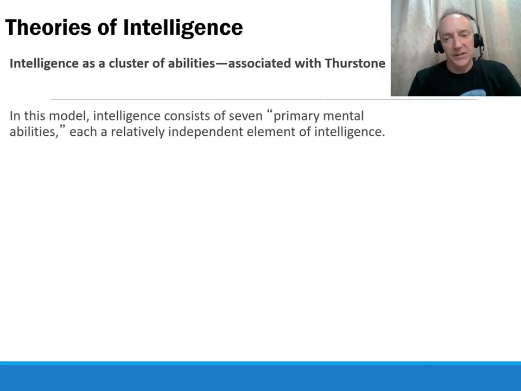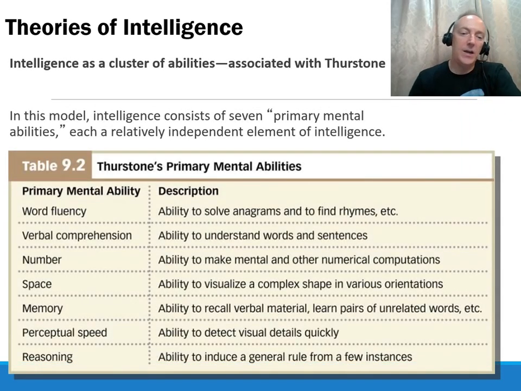Other theories, like one proposed by a guy by the name of Thurstone, said intelligence isn't one thing, it is a cluster of different things. And in his model of intelligence, he proposed 7 different mental abilities, and you're going to see this is something that is found in later theories of intelligence. Some aspects of intelligence are things that you can express in words.